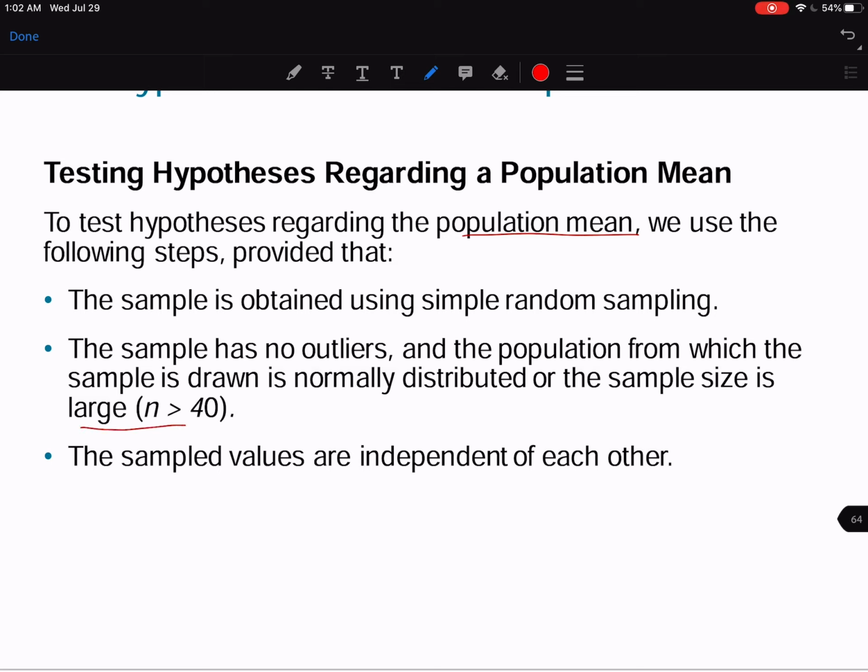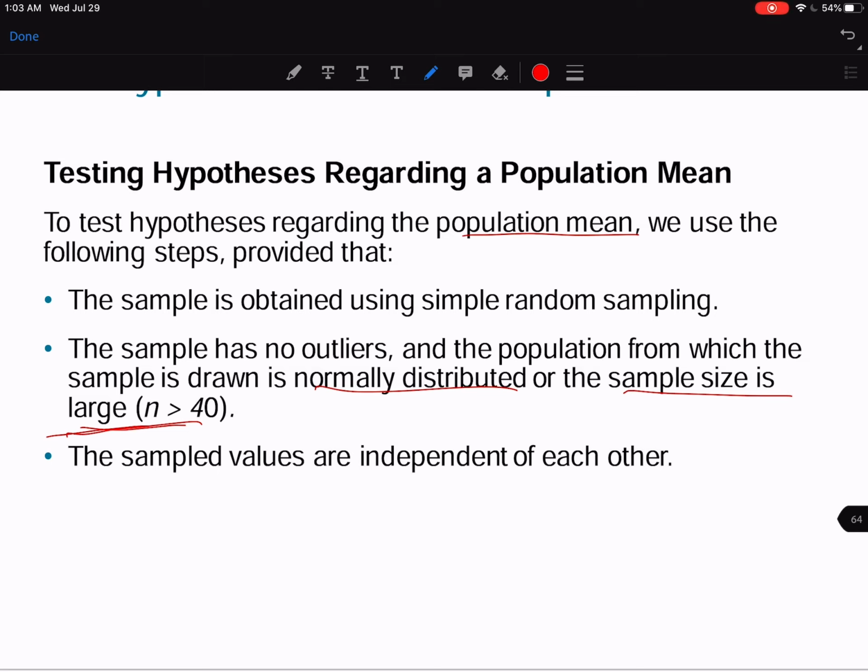We need to guarantee that only one of them is satisfied: either the sample size n is greater than 40, or the sample is drawn from a normally distributed population.